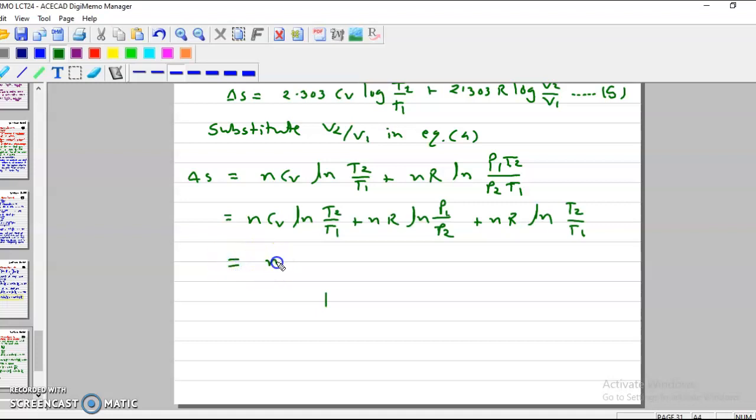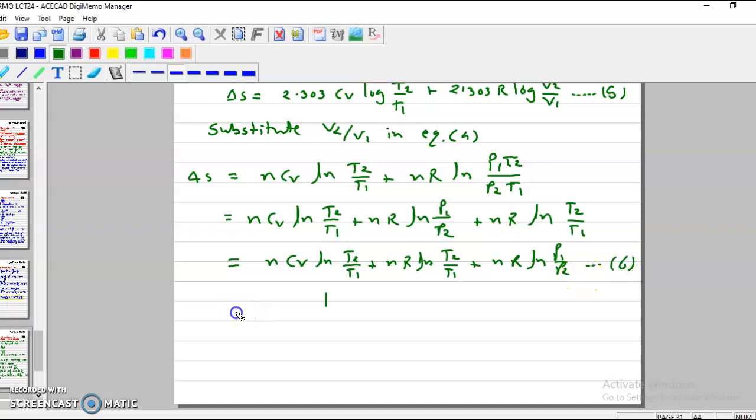So it is equal to n Cv ln T2 upon T1 plus nR ln T2 upon T1 plus nR ln P1 upon P2. This is equation 6.